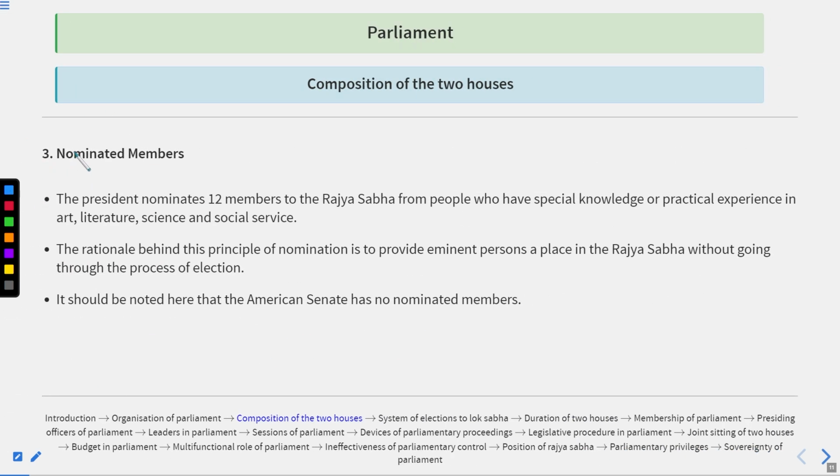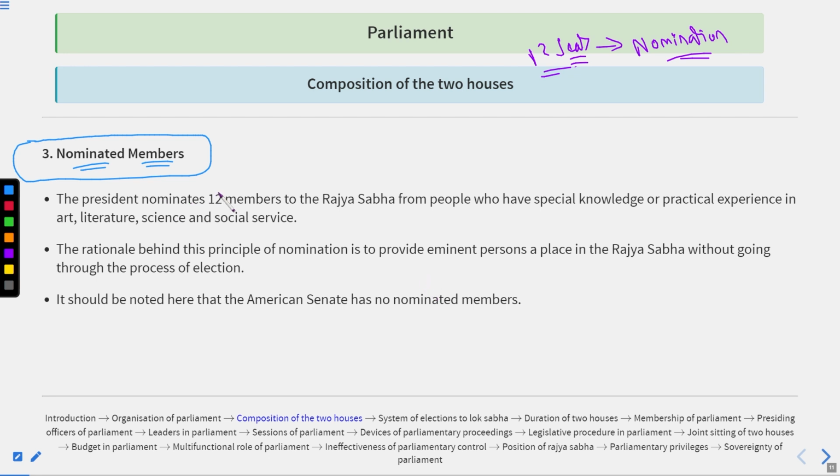Thereafter, after talking about the elected members, now we have to talk about the nominated members. So basically we know that 12 seats are reserved for nomination, right? So who could fill these 12 nominated seats?